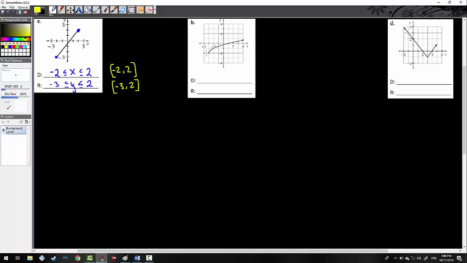So from here, if we look at B, domain, what is the leftmost part of this graph? As far left as it goes will be -3. And then, how far to the right does it go? Well, this arrow here means it's going to go on forever, which means you could write it, if you wanted to keep the same notation as this inequality, it would go as far to the right as forever.